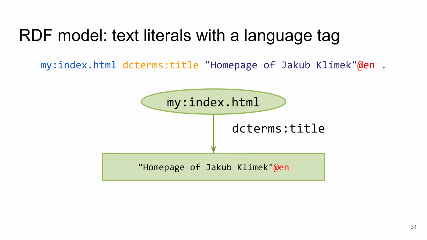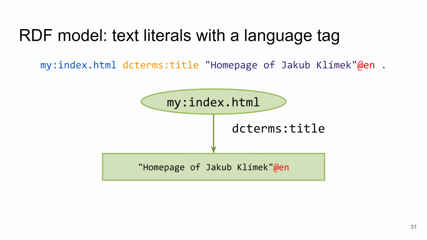So in RDF, when you have a literal, it's either a machine-readable text with a data type or a human-readable text with indication of a natural language in the form of a language tag.